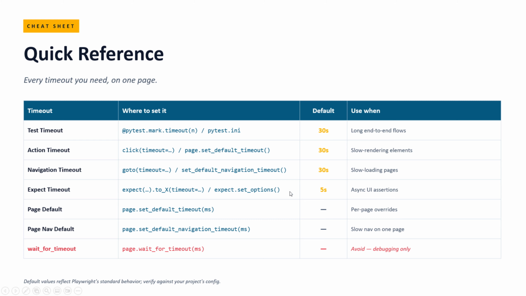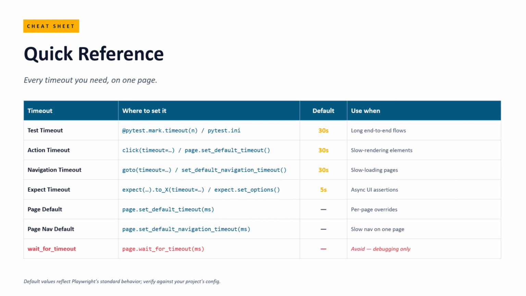Expect timeout, by default it's 5 seconds, and you should use it for async UI assertions. So when there is async behavior happening, you should use this one. So this is a higher-level understanding, and for your quick reference, of which timeout you should use.